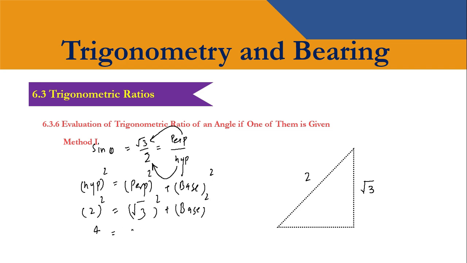So 4 is equal to 3 plus base square. So 4 minus 3 is equal to base square, and base is equal to 1.